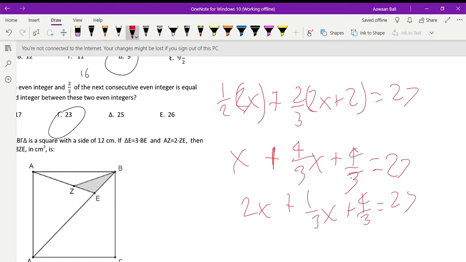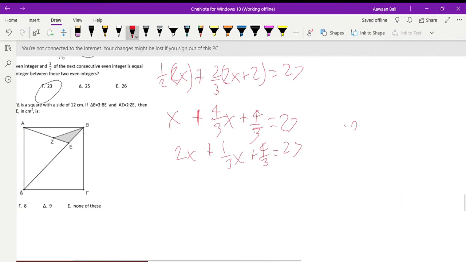You get the idea. So let's make the 27 into a denominator of 3. 27 times 3 is 81. Yeah, so 2x plus 1 upon 3x, so we can put 81 upon 3 right here. Now we take the 4 upon 3 to the other side.